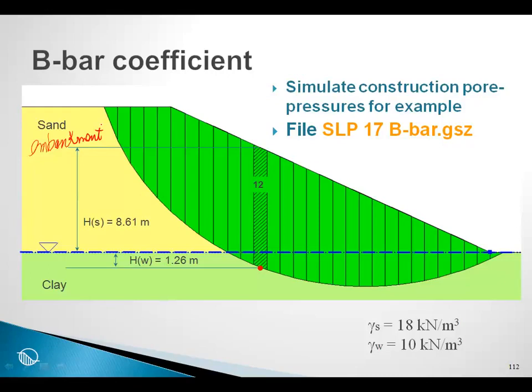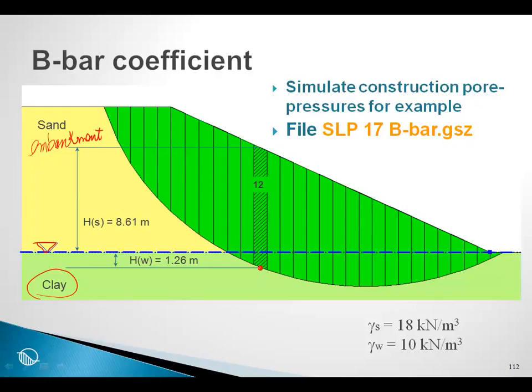And this sand embankment was placed on this clay foundation, and the water table was at the surface of the clay before the sand was placed. The sand is so pervious that it will have no excess pore pressures, and therefore there will be no pore pressures in the sand.